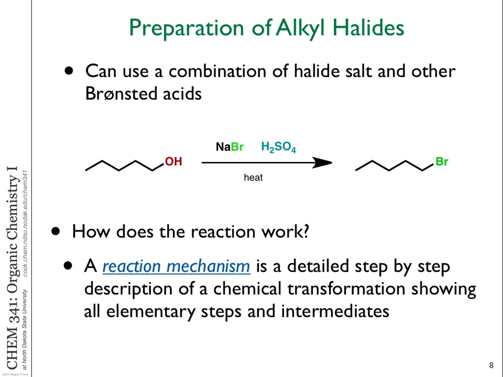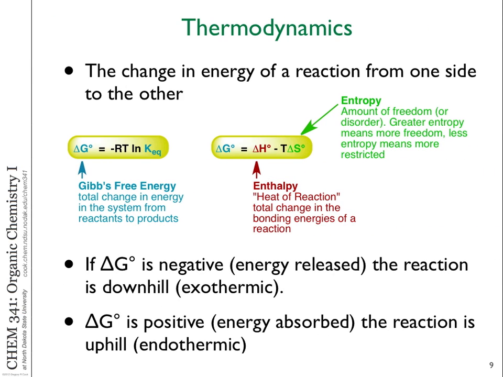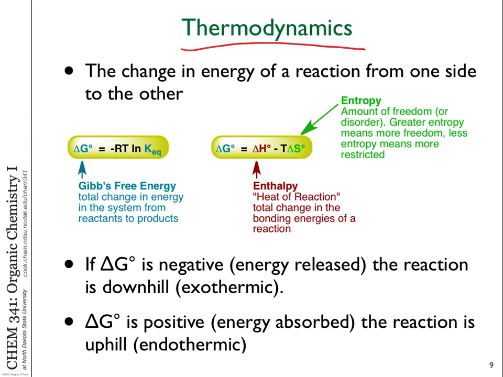So let's think about this overall process. When we really want to think about elementary steps of a chemical transformation, we need to keep in mind some of the things that we talk about when thinking about reactions. One of those is what we call thermodynamics.